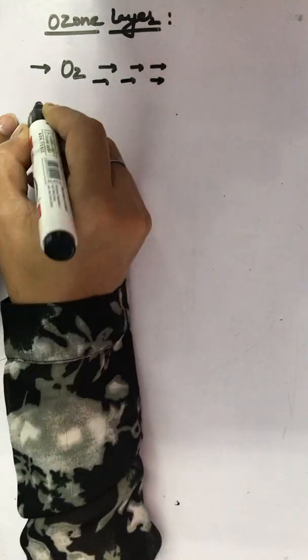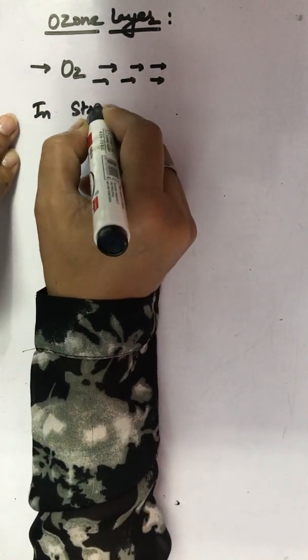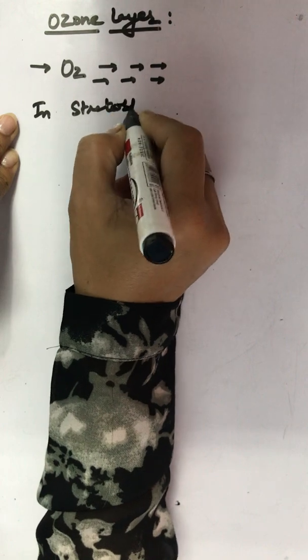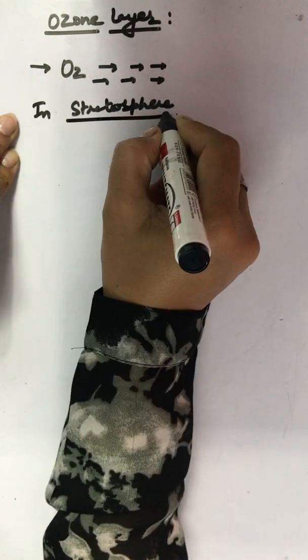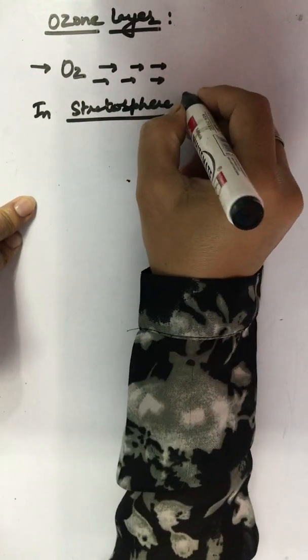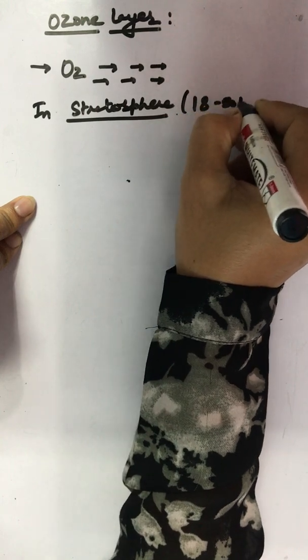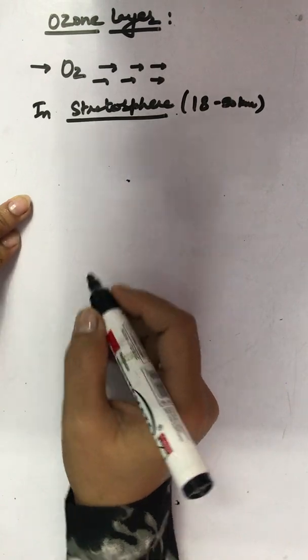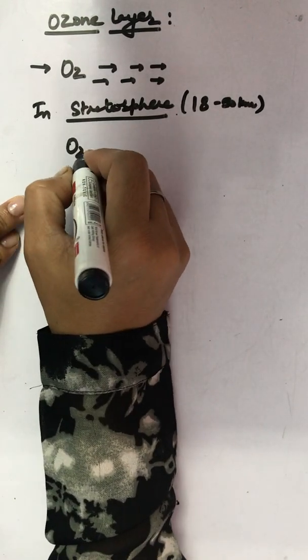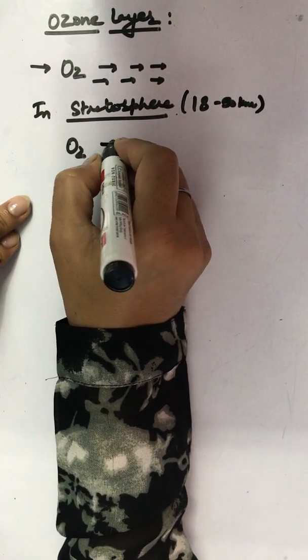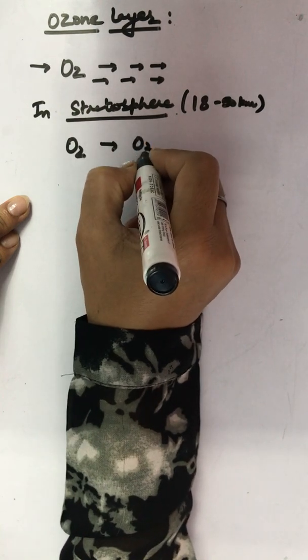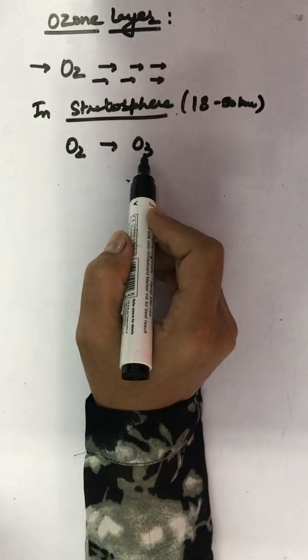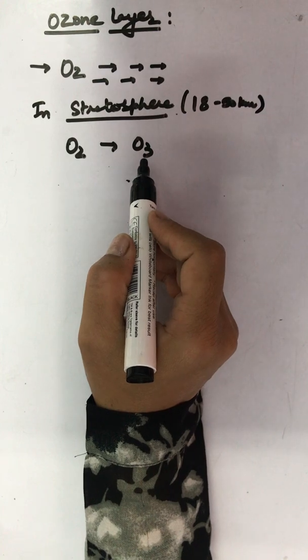But in the stratosphere, which is somewhere around 18 to 50 kilometers above in the atmosphere, this diatomic molecule is converted into an ozone molecule, that means containing 3 atoms of oxygen.